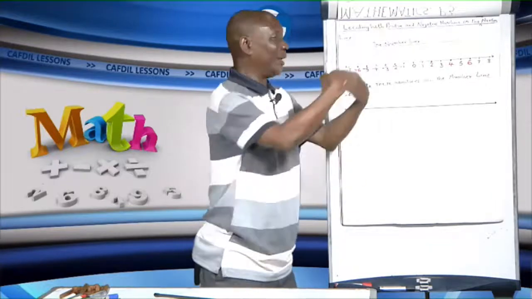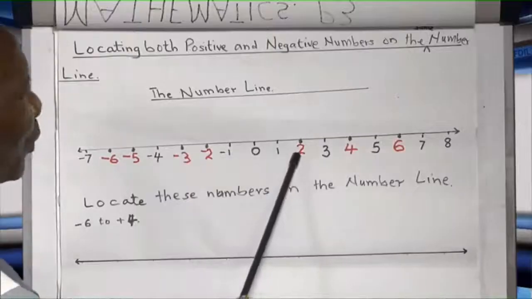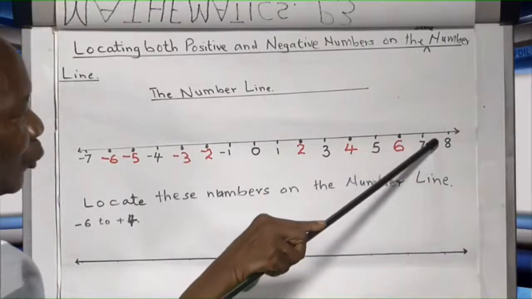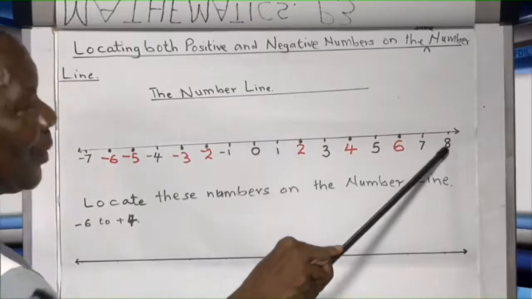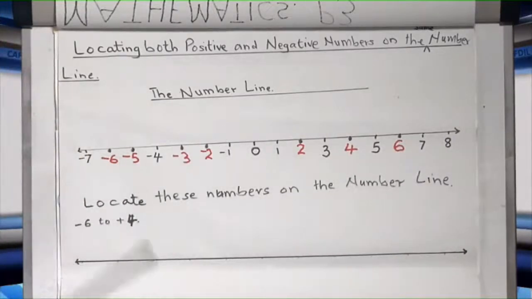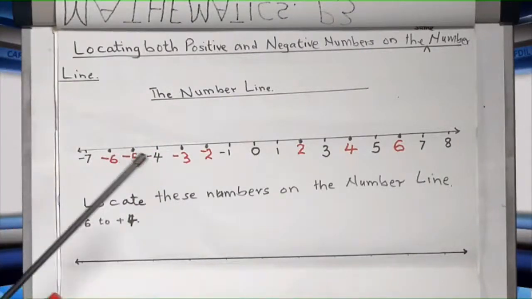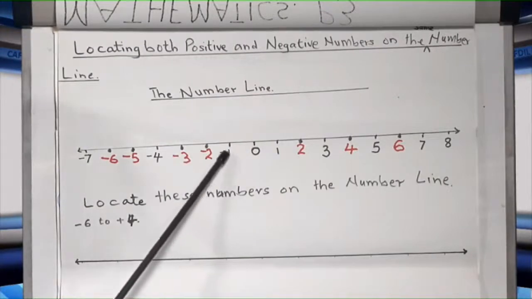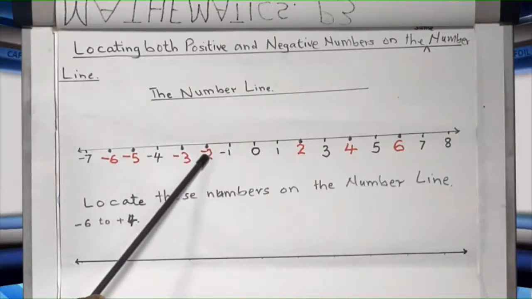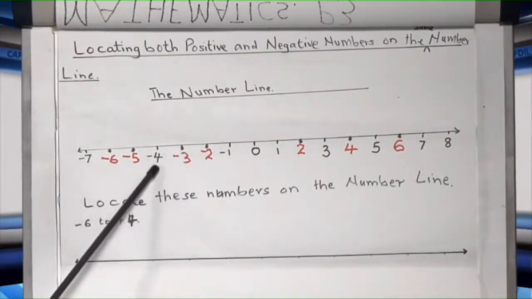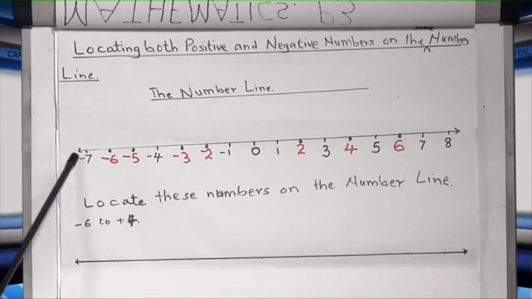As we move to the right, you increase gradually, then we come to 8. The more you move to the left, the smaller the number. So we have negative 1, negative 2, negative 3, negative 4, negative 5, negative 6, and negative 7.